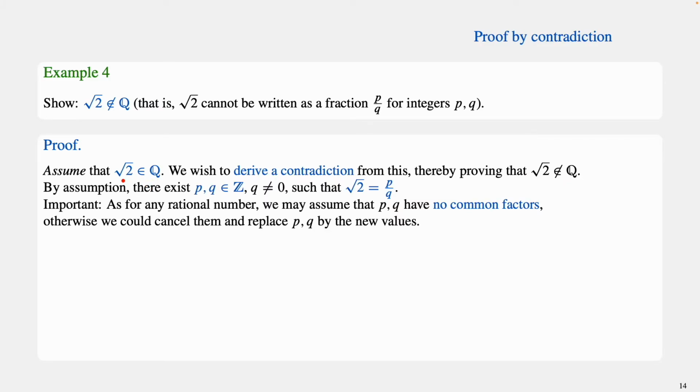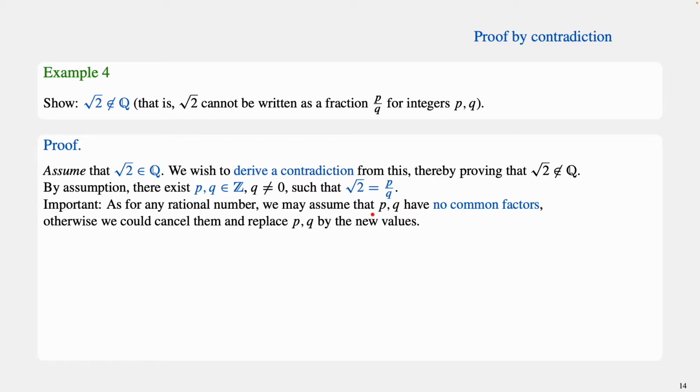So by our assumption here, we have integer numbers p and q with the denominator q different from 0, such that square root of 2 is the fraction p over q. And now it's very important that we can reduce fractions, and we can assume that this fraction square root of 2 equals p over q is reduced.